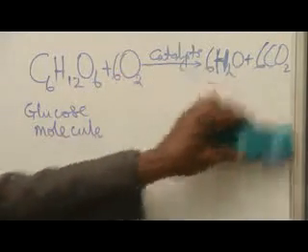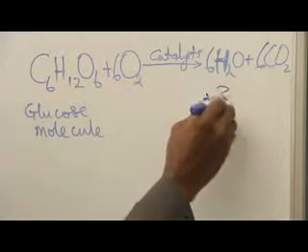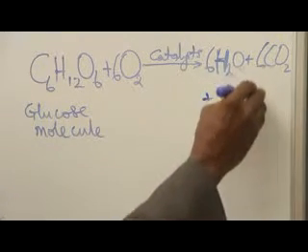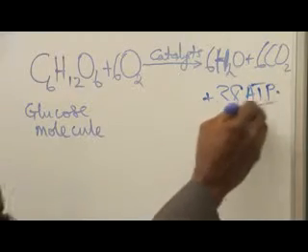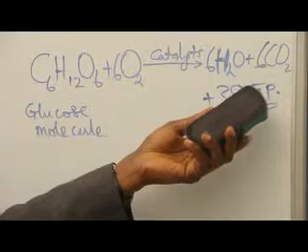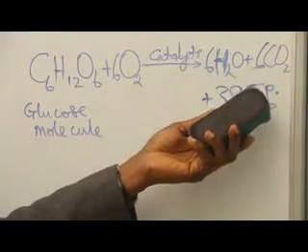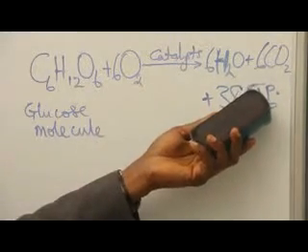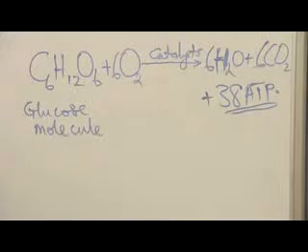Let me write this one boldly: plus 38 molecules of ATP. This is the result of our taking food to be able to get energy that our muscles can use to carry out activities.